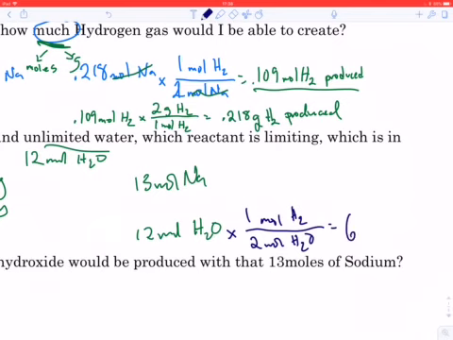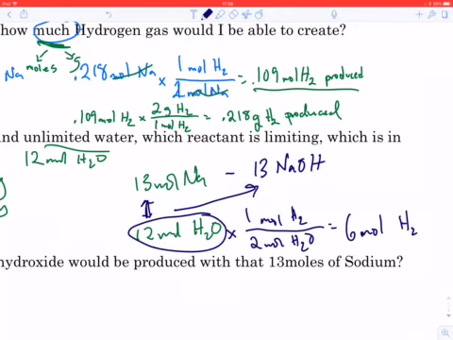So what does that mean? That means I can get a total of 6 moles of H2 gas. All right. Whereas the sodium, if you had looked at that, it could create 13 moles of sodium hydroxide. And then if we talk about the water, because these are a 1-to-1 ratio, the mistake that you don't want to make is that water can make 12 moles of sodium hydroxide. Certainly it can. That's still less than the 13.